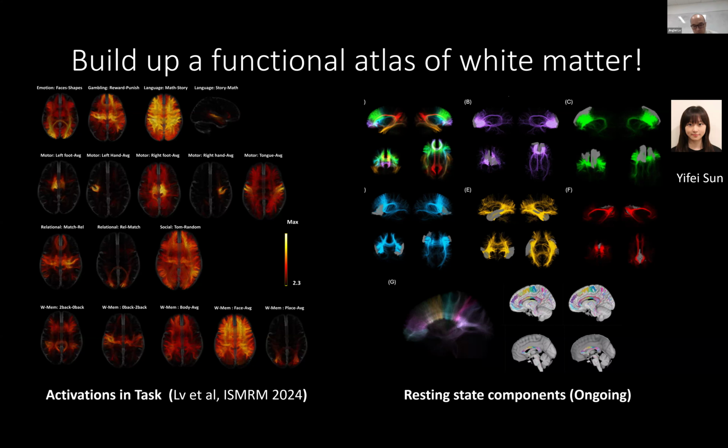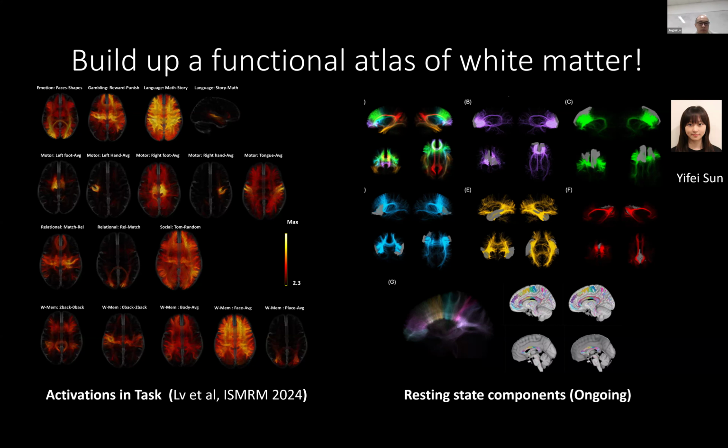Combining both the task Tract-DFC and the resting state Tract-DFC, and combining all these results and different methods, we're trying to build a functional atlas of the human brain white matter.